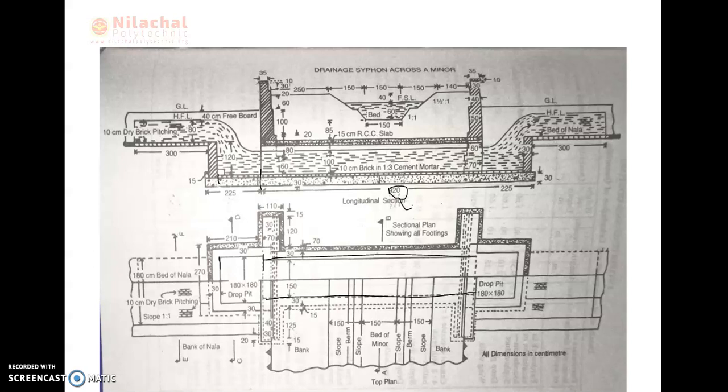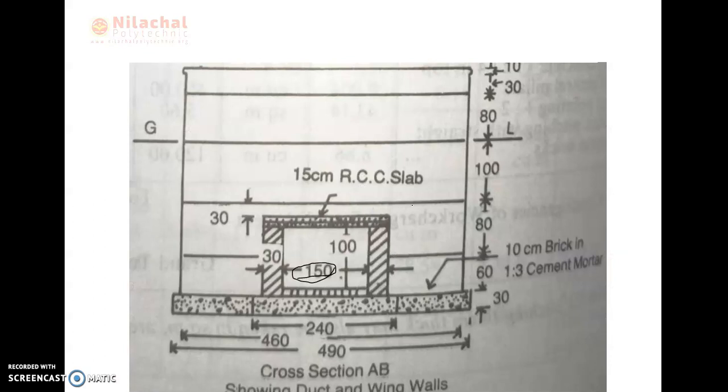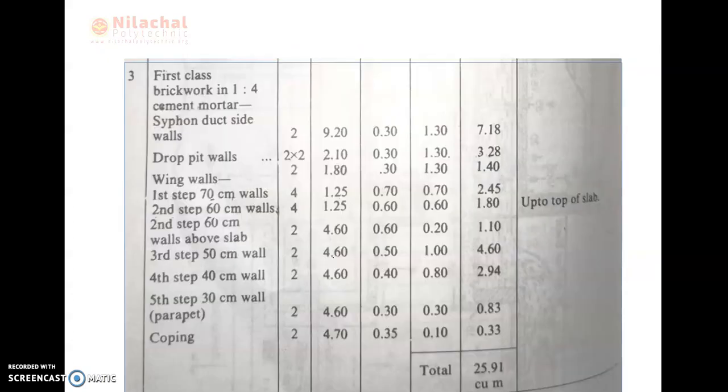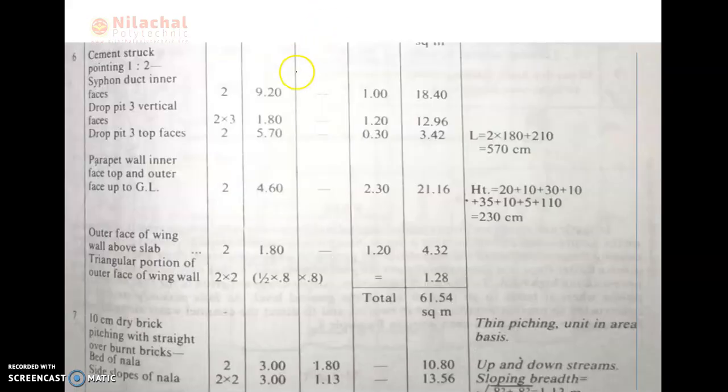We define the height from the cross section, which clearly shows 1.00 meter. So the length is 9.20 and height is 1.00 meter. Number is 2 numbers. The total quantity of siphon duct inner face is 2 into 9.20 into 1.00, equal to 18.40 square meter.